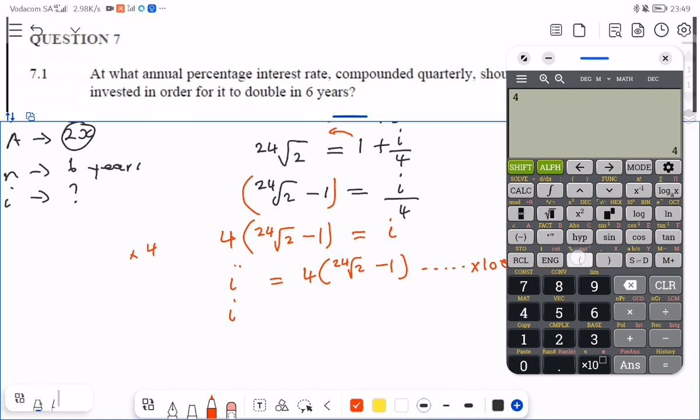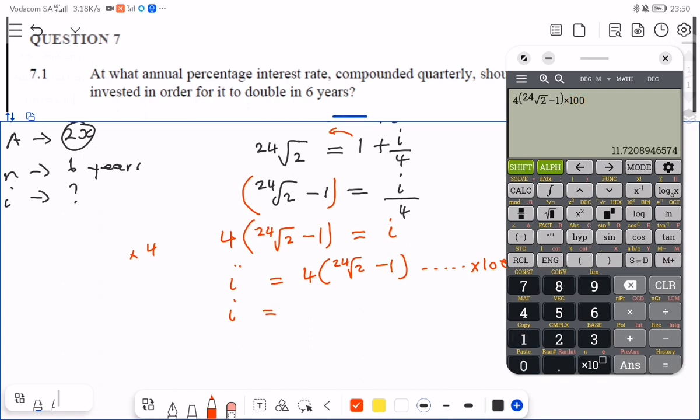Let me punch everything and see the answer. It's 4, open bracket, shift, 24th root of 2, then minus 1, multiplied by 100 because this is a percentage.